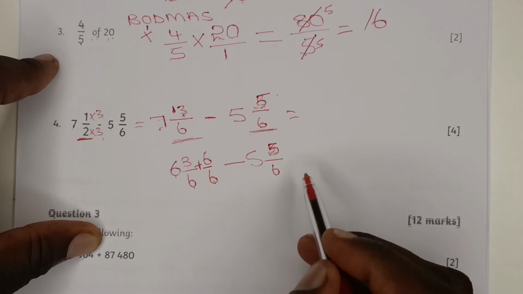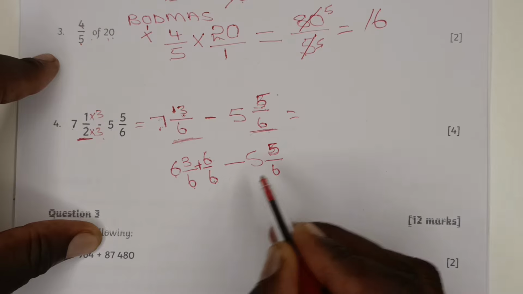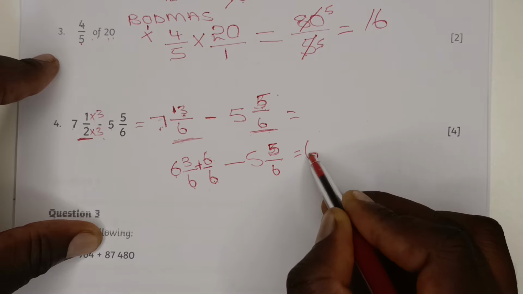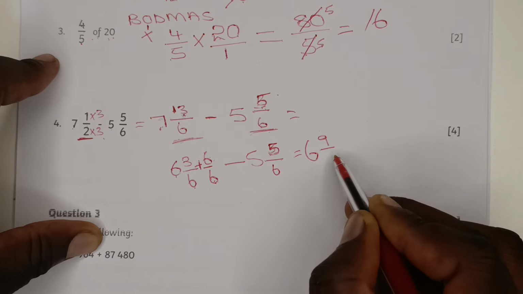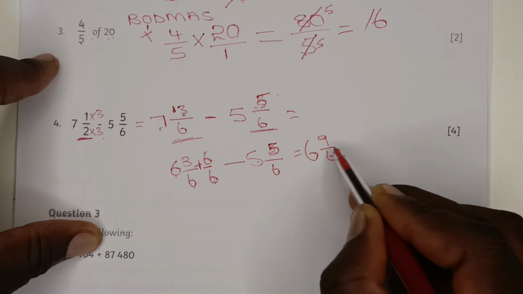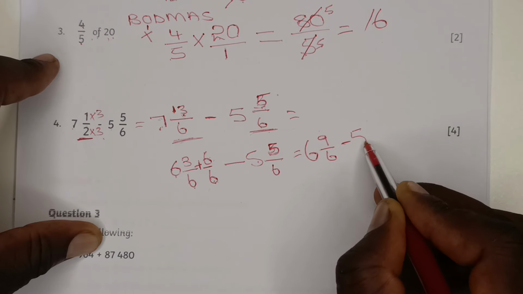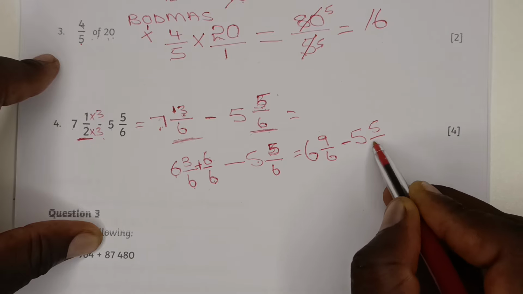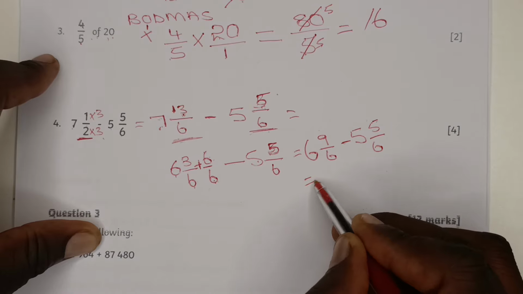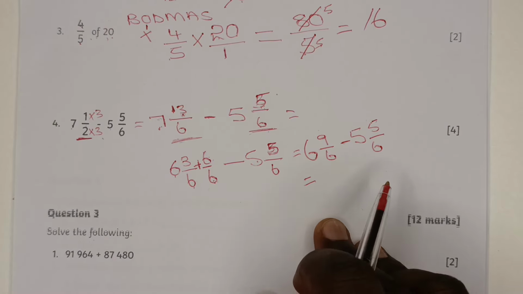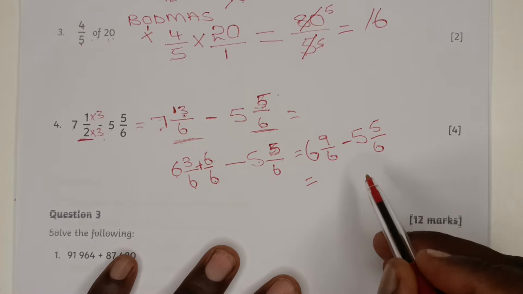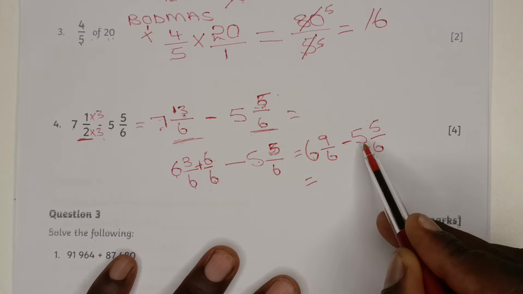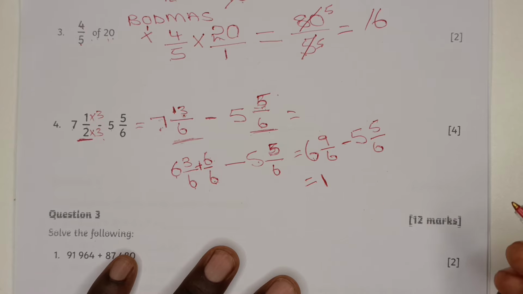So here we have got, this is the same as 6 whole number 9 over 6, then minus 5 whole number 5 over 6. So this one, 6 minus 5 is 1.